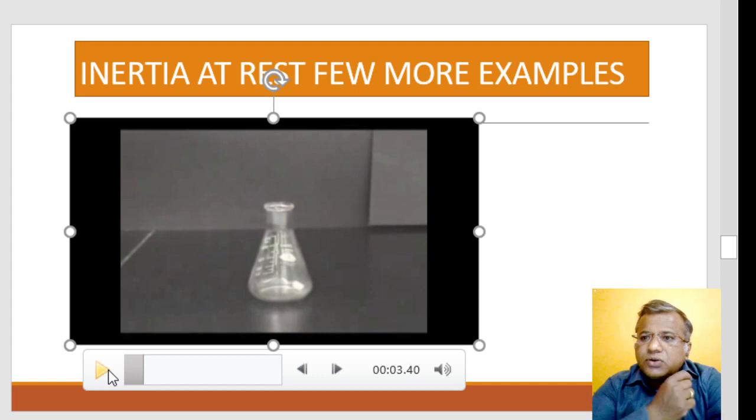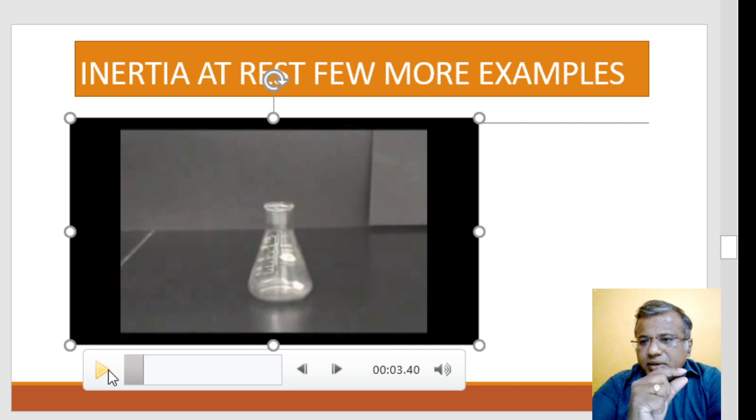Why did the object not go with the ring? The reason is that the object was at rest. There was no proper connection between the ring and the object over it; it was not glued or fixed to the ring.